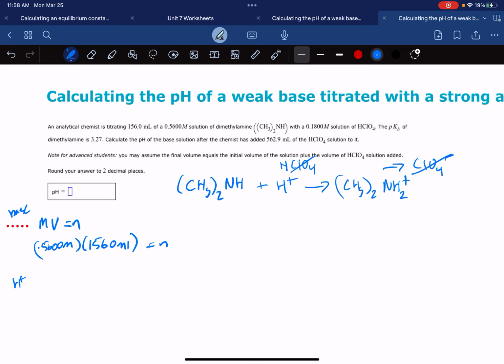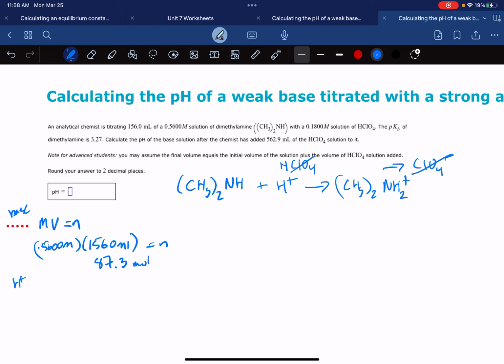When we do that, we're going to end up with 87.3 millimoles.